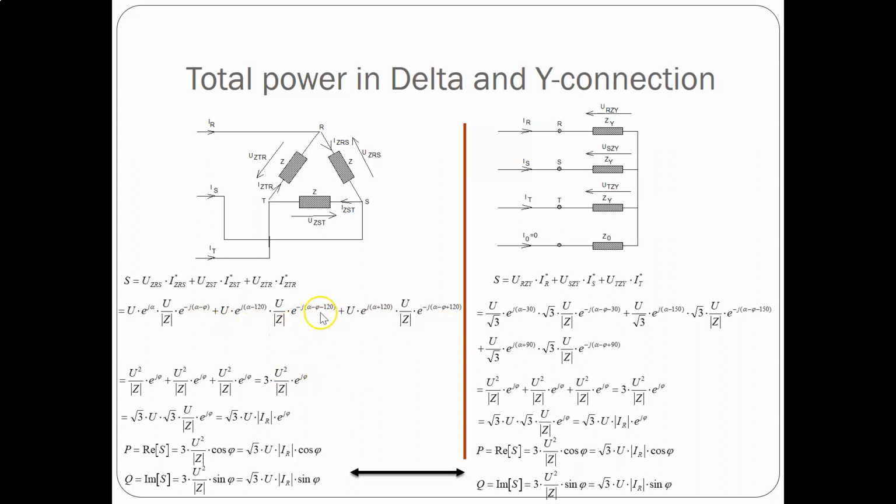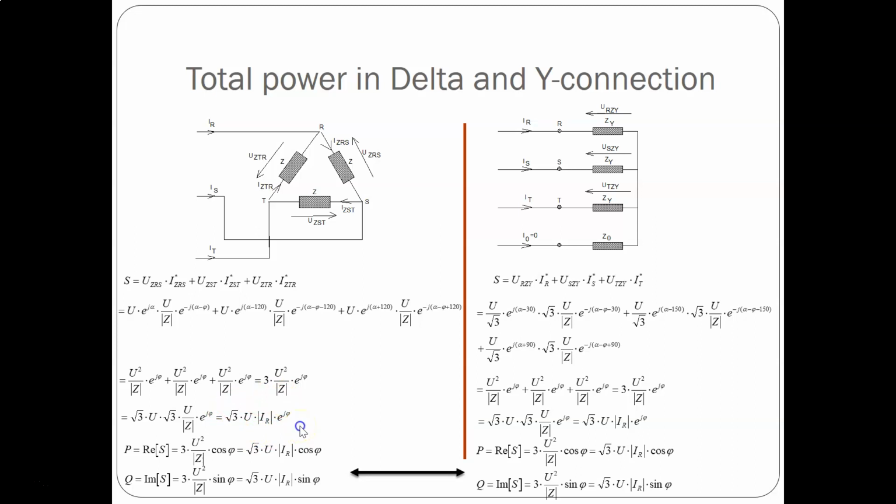Now we have, of course, this cancellation of the angles, 120 minus 120, plus 120 minus 120, and we can get to this quite simple expression. Further, we get square root of 3 two times here, and it comes down to this simple expression for the delta power relationship.